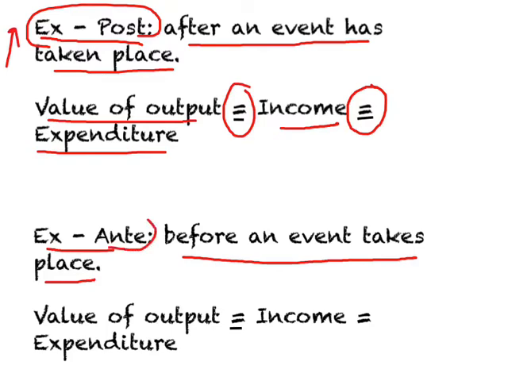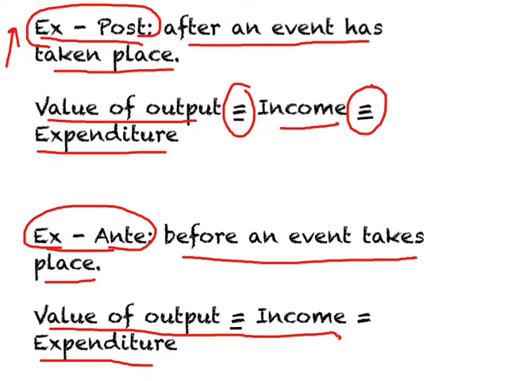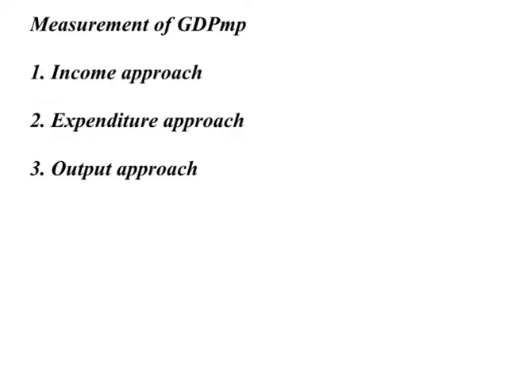Now at the level of intentions of people, or in an ex ante sense, value of output and income are still identically equal, or they are the same by definition. And income or value of output may or may not equal expenditure. So this is also possible. So you should know the difference between ex post and ex ante and what it means in terms of measurement of GDP.